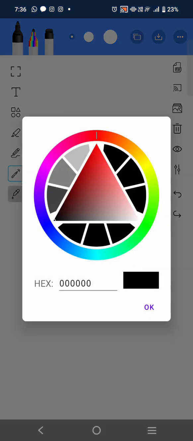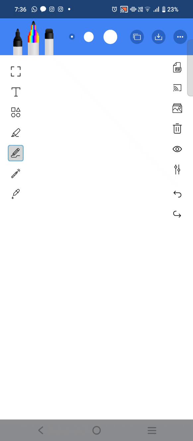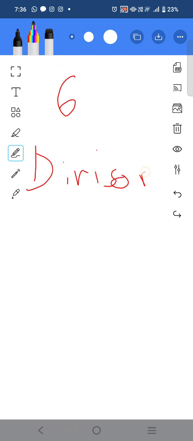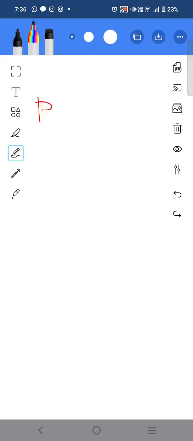For the color, I'm going to take red. Take the number 6. What are the divisors of 6? The divisors of 6 are 1, 2, 3 and 6 itself. Now let's write the proper divisors of 6.